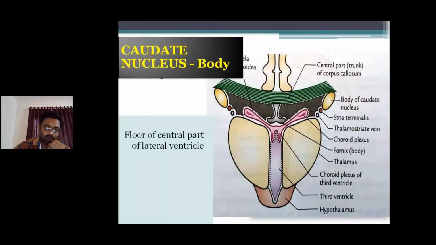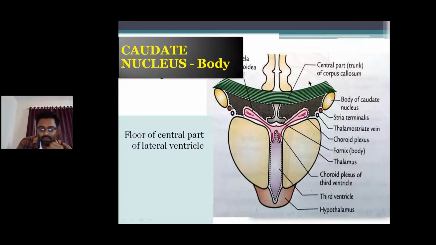Next one, body. The head extends posteriorly to form the body. The body forms the floor of the central part of the lateral ventricle. In this picture, this yellow color is indicating the body of the caudate nucleus.